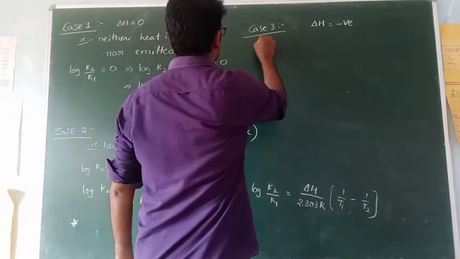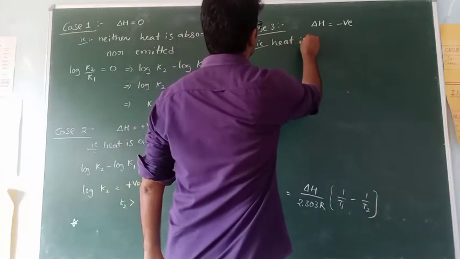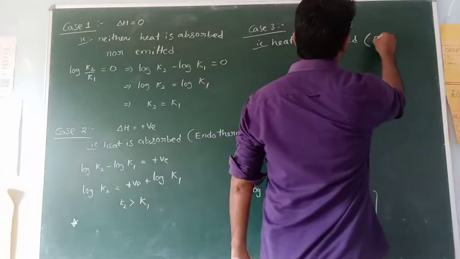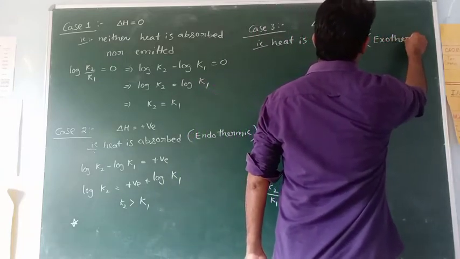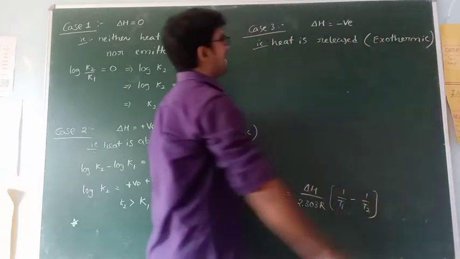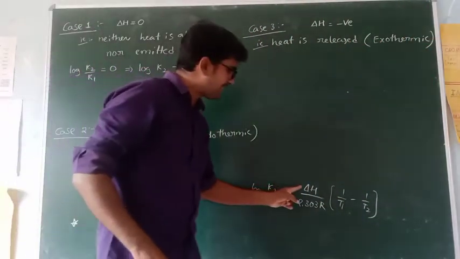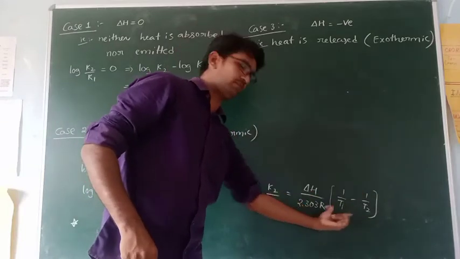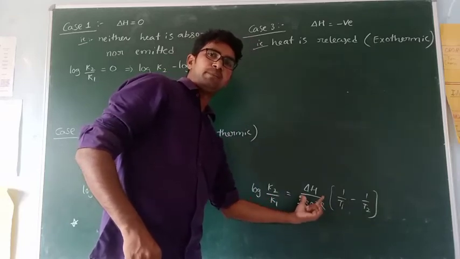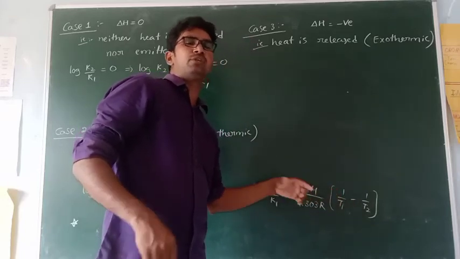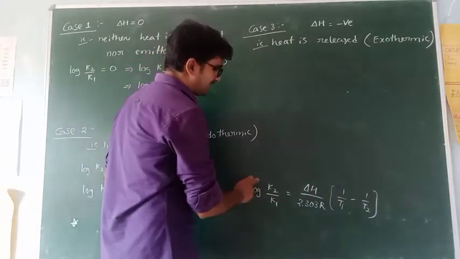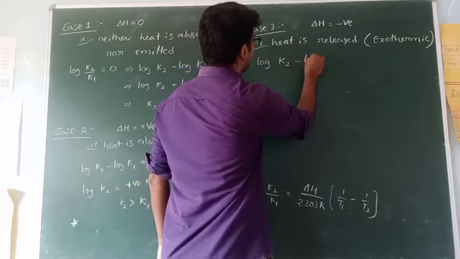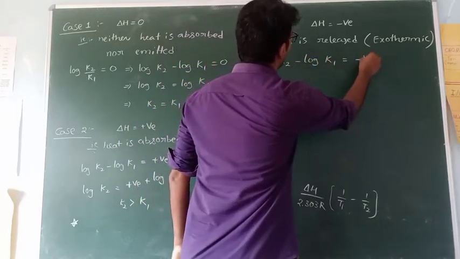If the delta H value is negative, the overall value is also negative, because the other value is already positive, and multiplying positive with negative gives a negative value. So log K2 minus log K1 is equal to negative.